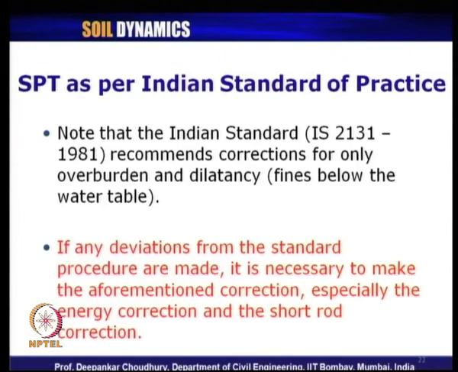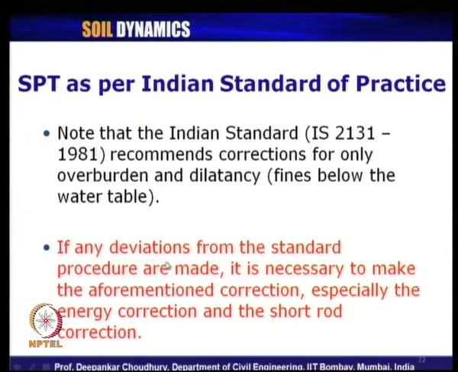Now, what are the correction factors mentioned in the Indian standard of practice for SPT test? IS 2131 1981 recommends 2 corrections for the SPT test: overburden correction and dilatancy correction. Dilatancy correction is for fines below the water table.